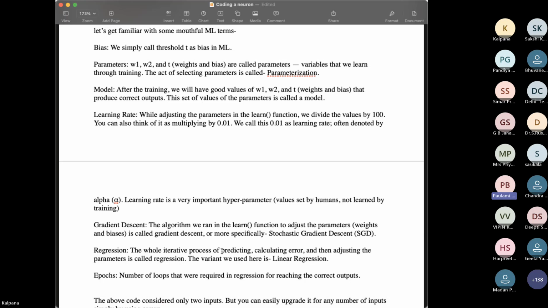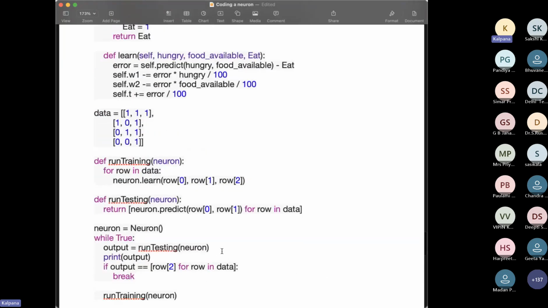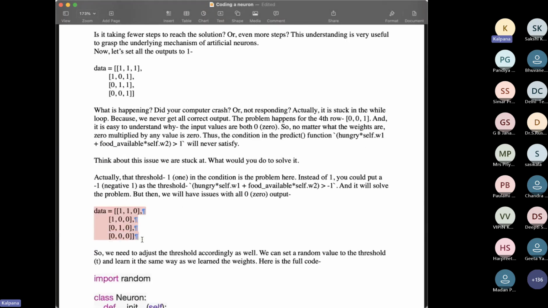Can you give a real life example, like the one you had given, eat, food available and hungry, where we can leave the threshold to be randomly chosen? In this example only, you should choose randomly. In fact, on all the examples, you should. That is highly advised. Initially, to explain it to you, we chose bias or threshold as one, right? And I showed it with various data, like somewhere it will work and somewhere it might not work.